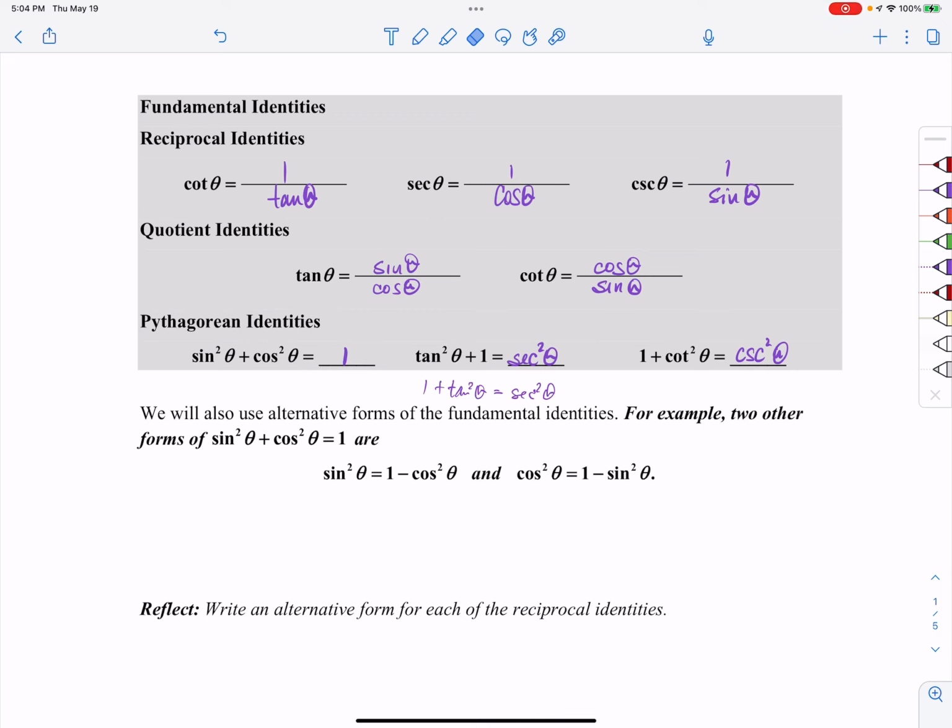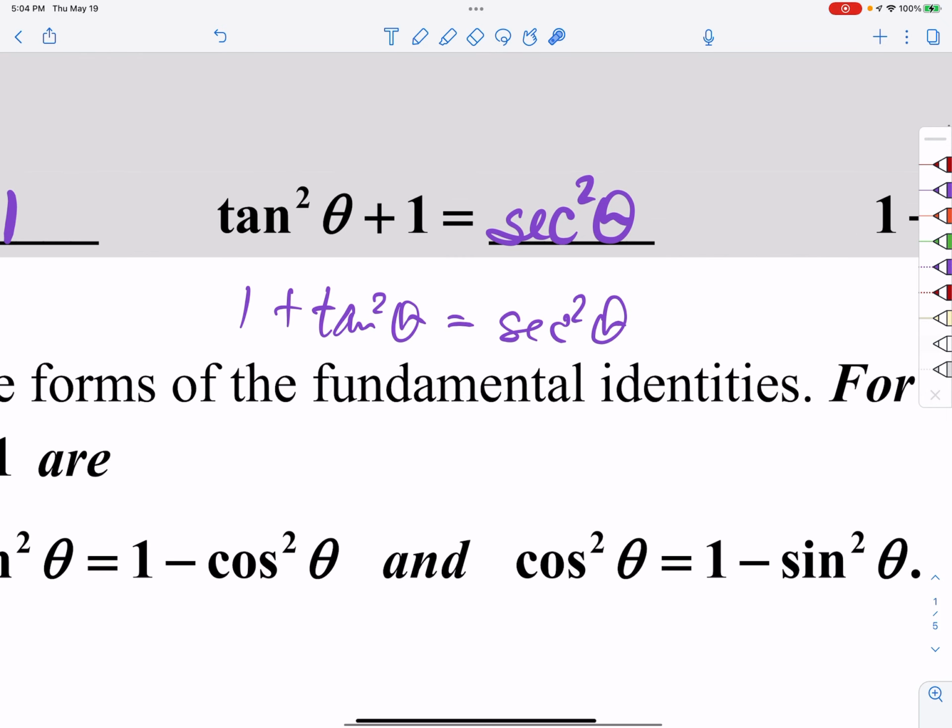Now, when I'm in the classroom, I share a stupid little phrase that helps students to remember the second two Pythagorean identities. I'll share that here with you as well, but let me tell you, it really is a stupid phrase. I was always forgetting, is it tangents that go with secants, or do tangents go with cotangent? I just couldn't remember the Pythagorean identities, so this helped me to remember.